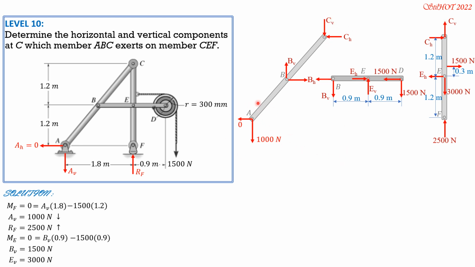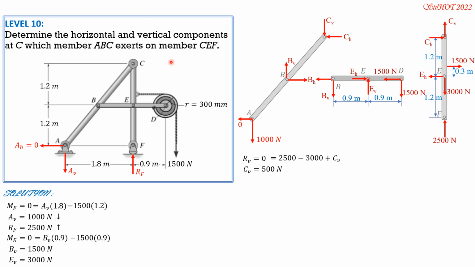And these external reactions remain unchanged, 0, then downward AV 1,000. But we need only CH and CV. Actually, we can answer it from here. So summation of vertical forces: 2,000 equals 2,500 minus 3,000 plus CV. So CV is 500 newtons, and it is upward here.